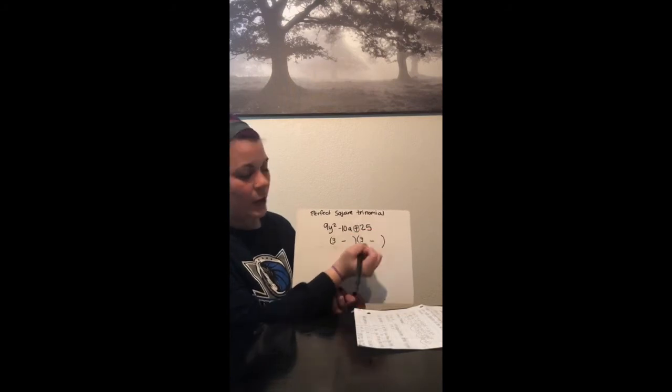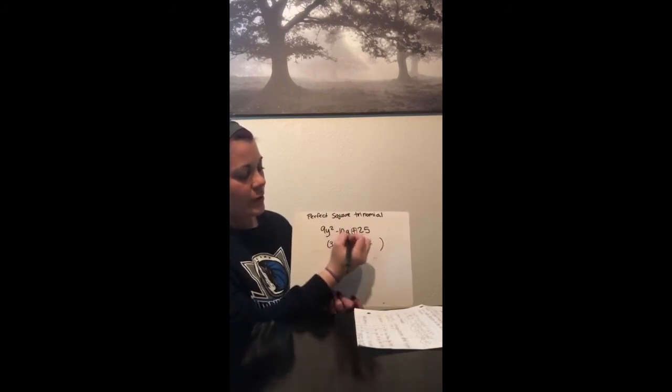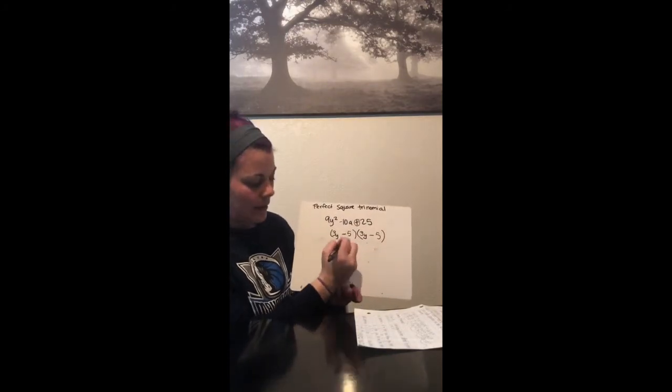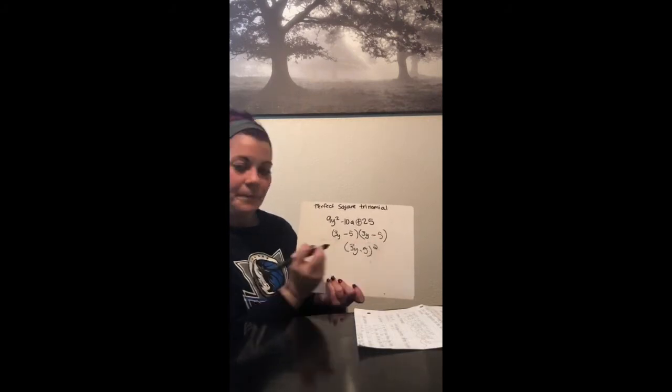Well, the square root of 9 is 3, and the square root of y squared is just y. Then the square root of 25 is 5. So we have 3y minus 5 to the second power when we simplify it even more. Okay, now let's go on to just factoring trinomials.